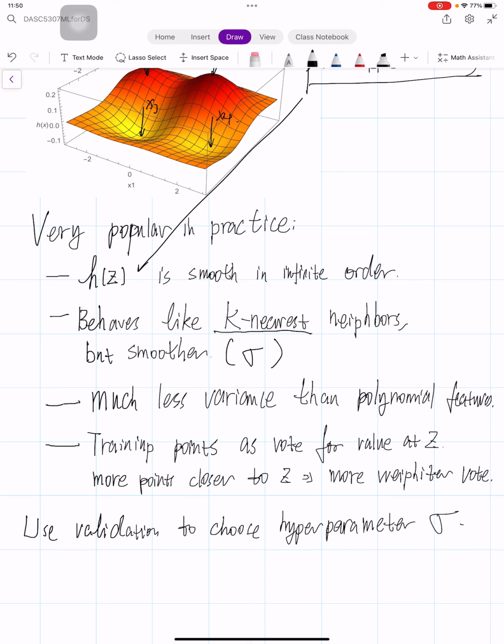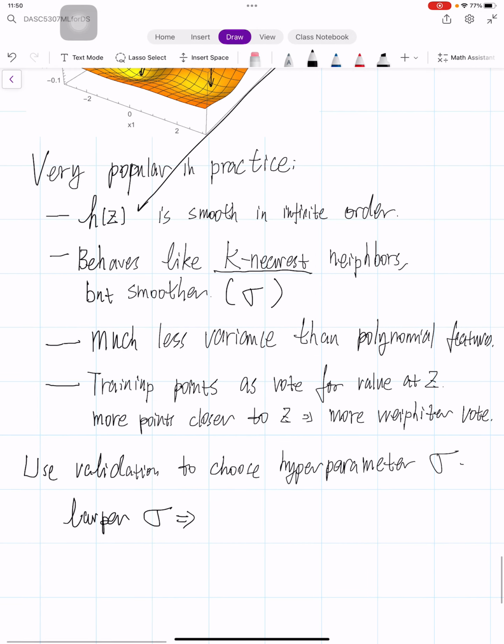The larger the sigma, the wider the Gaussian and the smoother the h: more bias, less variance.